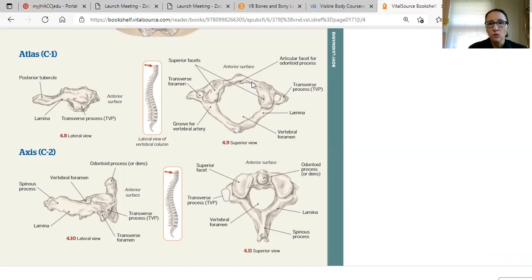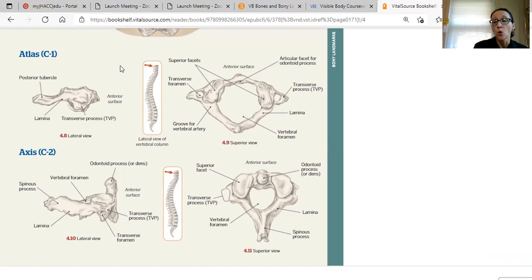Now, all the way around, you're going to have the body of the vertebrae, but in C1, it's really small. It's very narrow, as you can see here, pretty narrow. Now, the cervical vertebrae bodies are small to begin with, but this one's one of the smallest. And really, it's just because of its position at the top of the vertebrae.